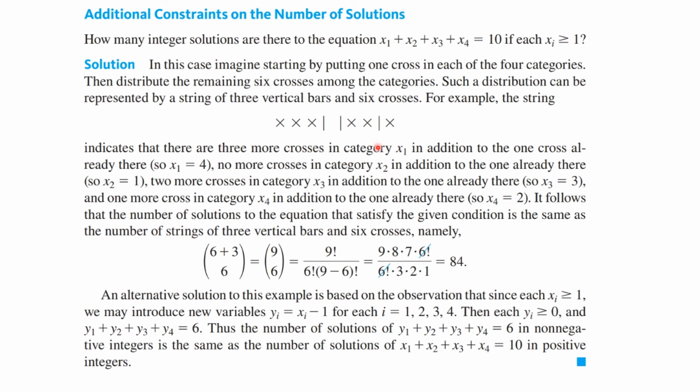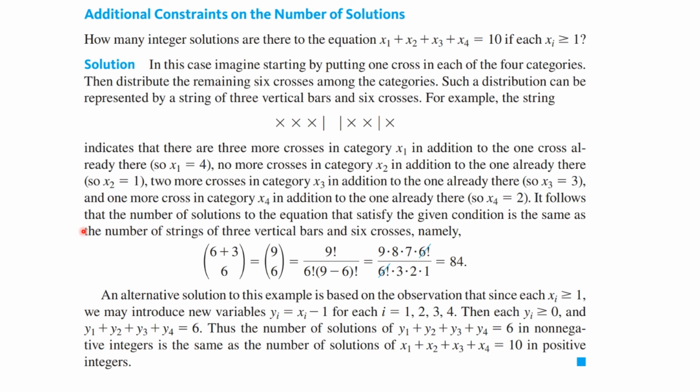And so we have 3 crosses in category 1, 0, and so forth. So there are 3 more crosses in category x1 in addition to the 1 cross already there, so x1 is 4. And this is no crosses here, but 1 was already there, and so on.